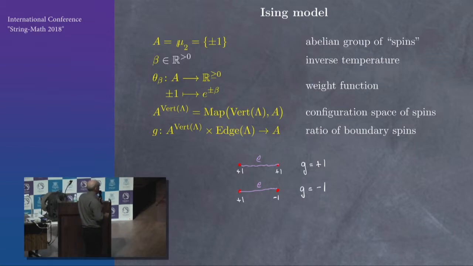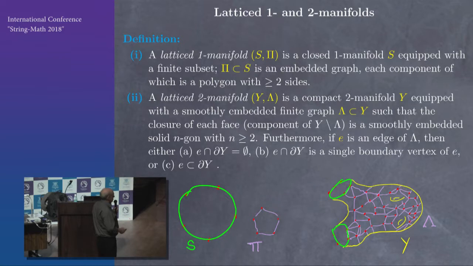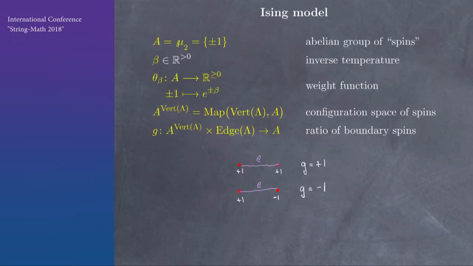And so there's a function on the group whose values are e to the plus minus beta. We'll use those to weight. And the classical fields in this case are the spins. And so if I have a two-manifold like this, think of a closed one to begin, with a lattice, then we just take functions on the vertices. We take maps from the vertices to plus and minus 1. So that's a choice of spin on each vertex.